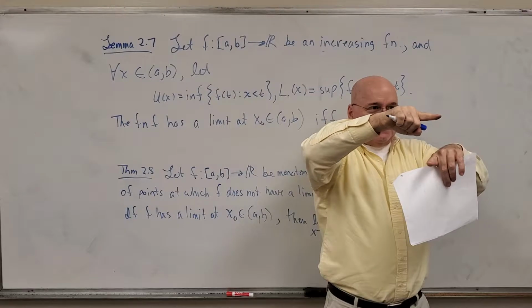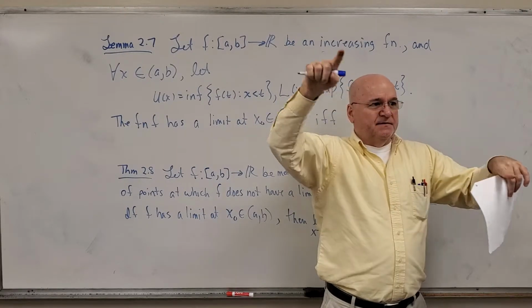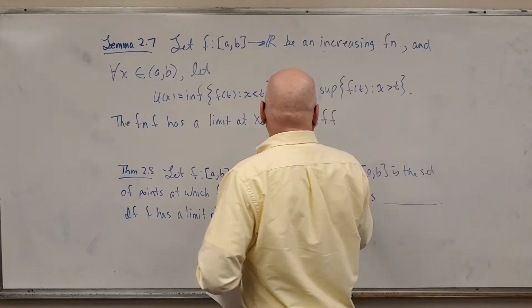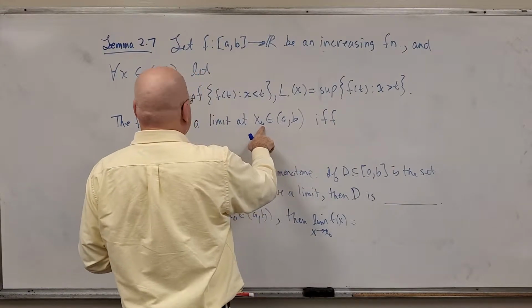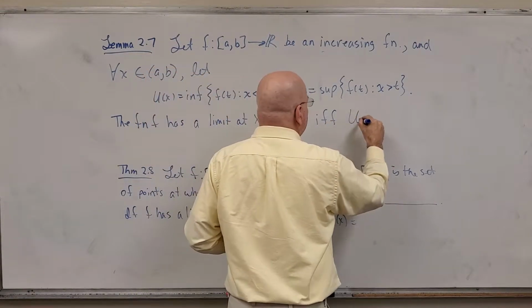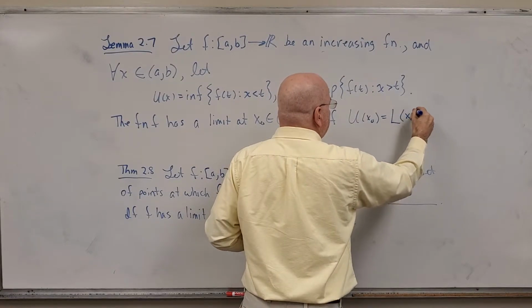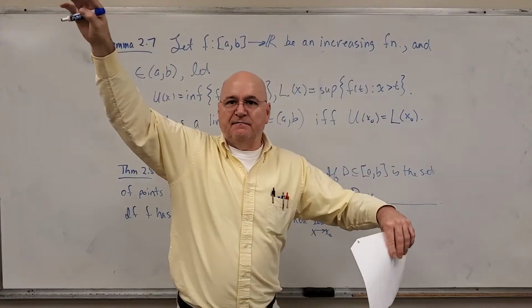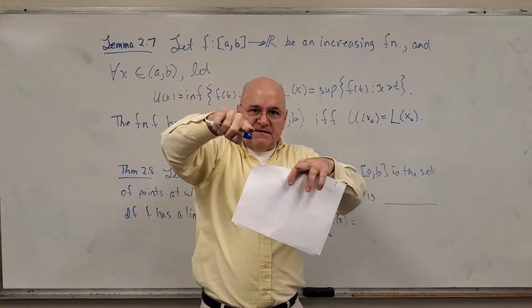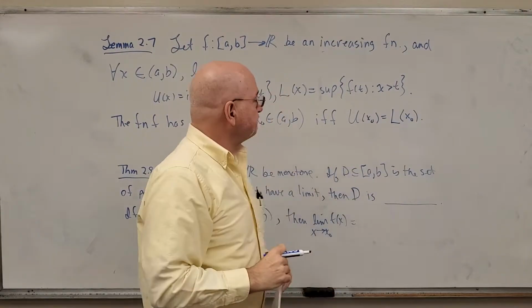If it goes like this, there's no limit. They're equal? Yeah, they have to be equal to each other. So in this case, we have to use x naught. So U of x naught is equal to capital L of x naught. Again, that would kind of mean that they are meeting at the same place when they get to x naught.